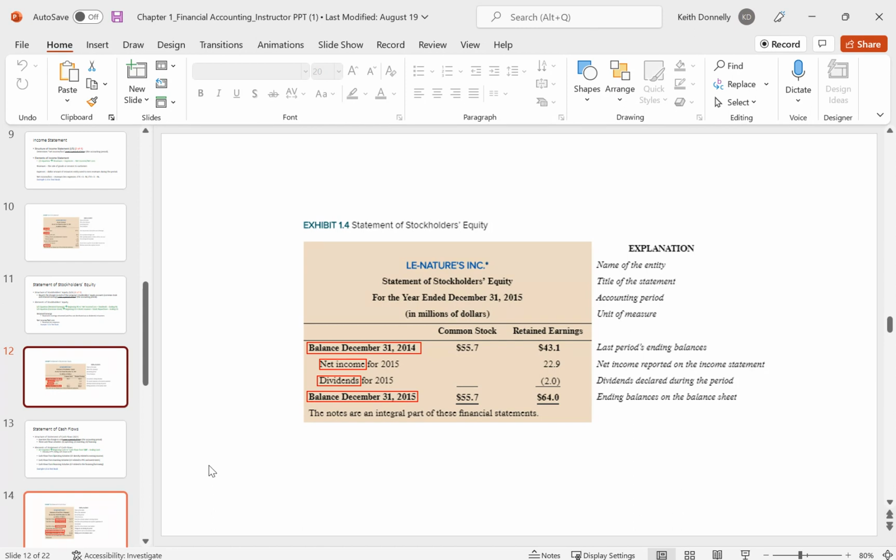But if you do go into practice one day, or you want to be an accountant, they might use a slightly different term. In any event, with regard to the statement of stockholders' equity, we have our common stock and our retained earnings. If we start with retained earnings, we have our beginning plus our additions, our net income, minus our dividends, gives us our ending.